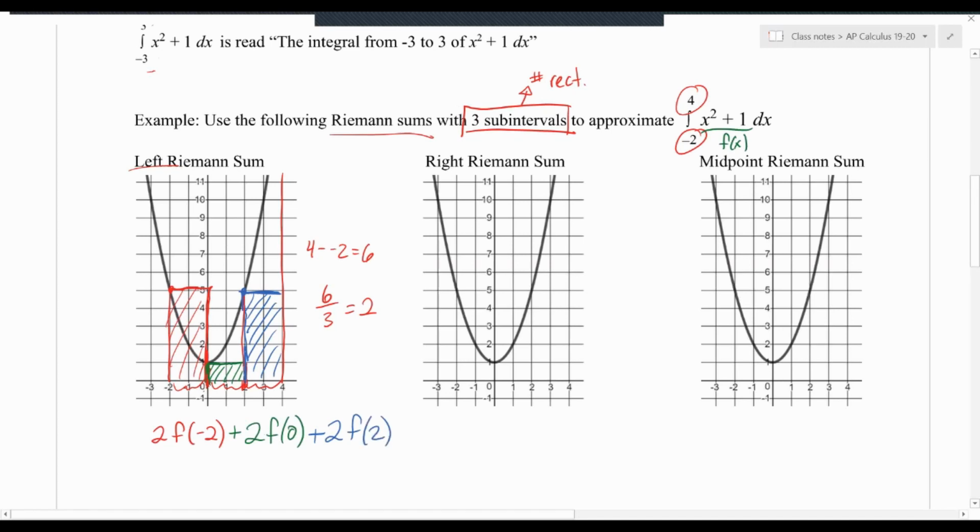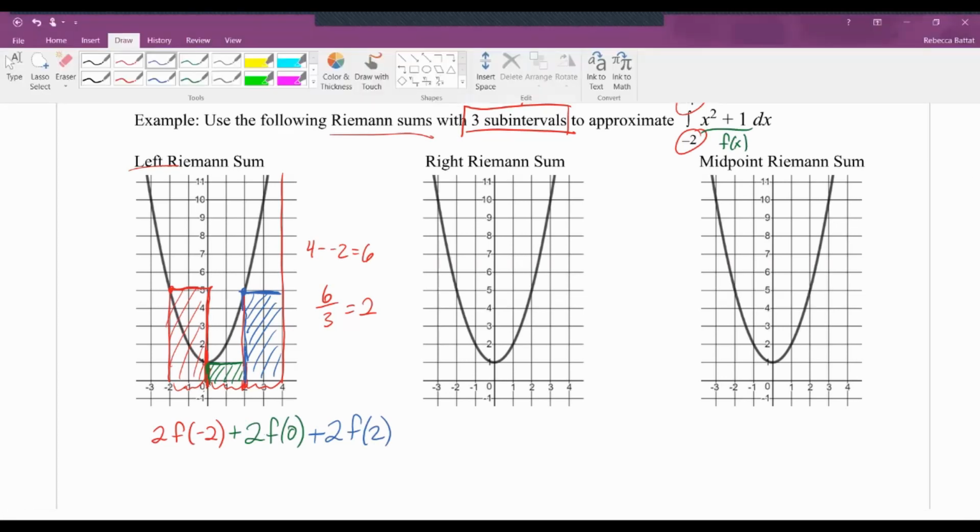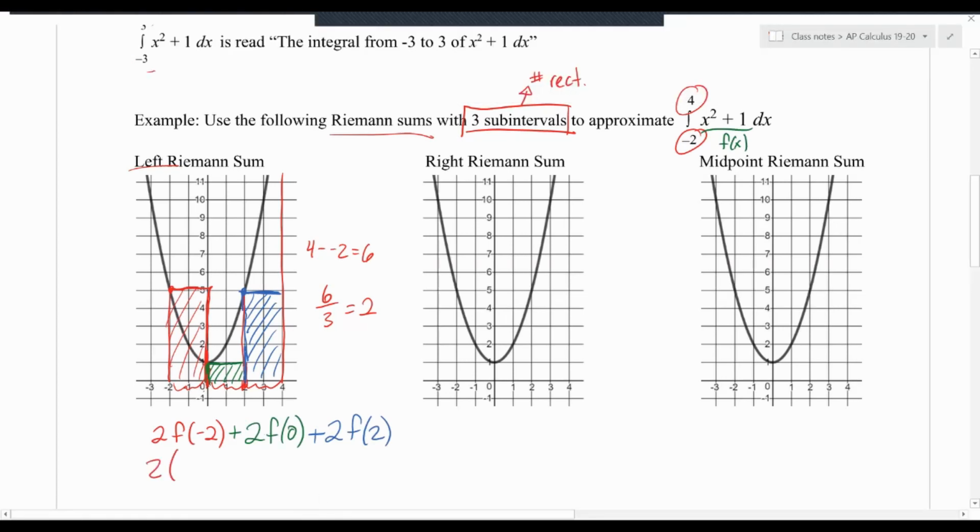So let's simplify this a little. So we have 2 times f at -2. So if I put -2 in here, -2 squared is 4, plus 1 is 5, which you can also see on the graph, plus 2 times the value of the function at 0, which is 1, plus 2 times the value of the function at 2. 2 squared is 4, plus 1 is 5.